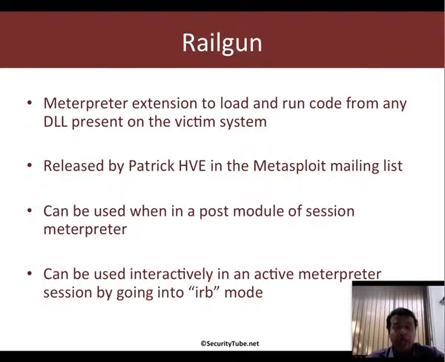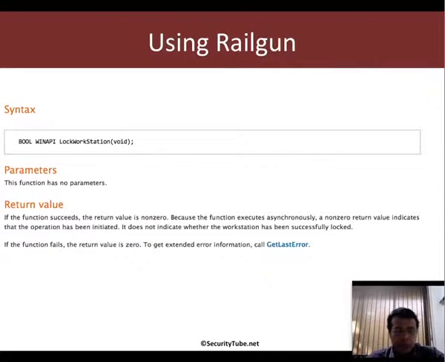So how can you access Railgun? Well, you could either use it in Metasploit post-exploitation modules or Metasploit scripts, which is the older generation, or you can go into the interactive IRB mode and use Railgun from that. So let's look at a quick demo of using Railgun.